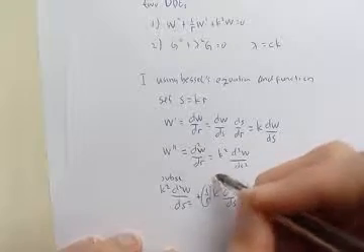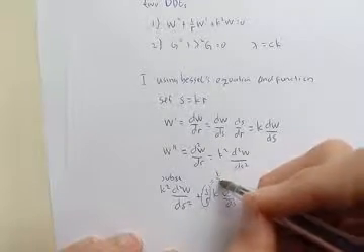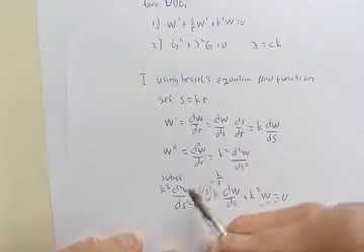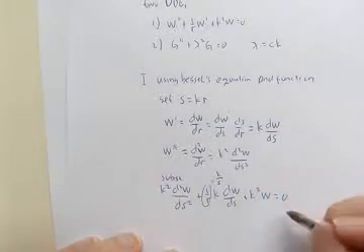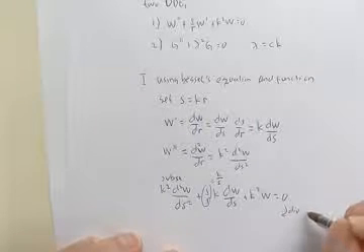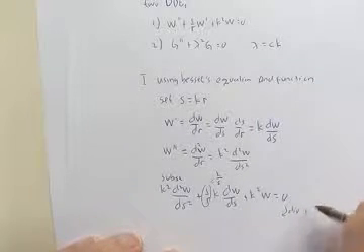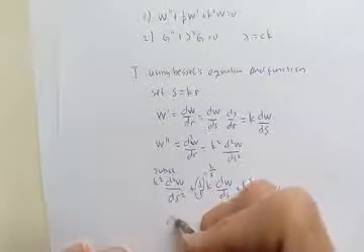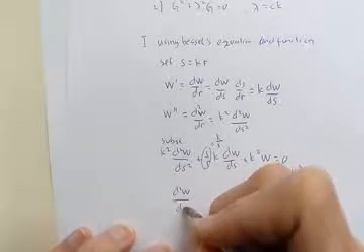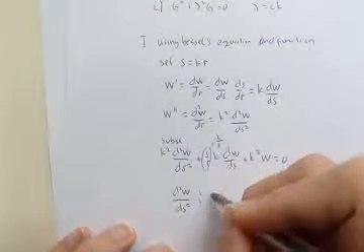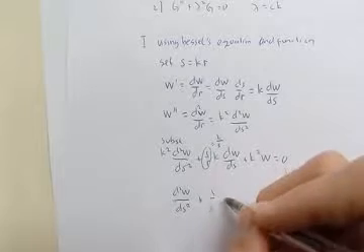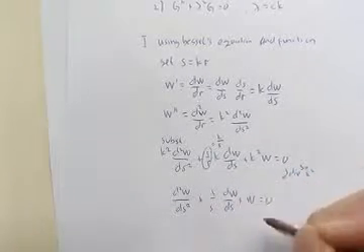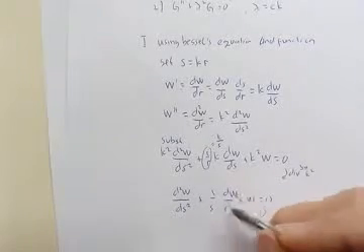This will become k over s from here. And then we can cancel this k squared, we can divide by k squared. So we'll have the Bessel equation.